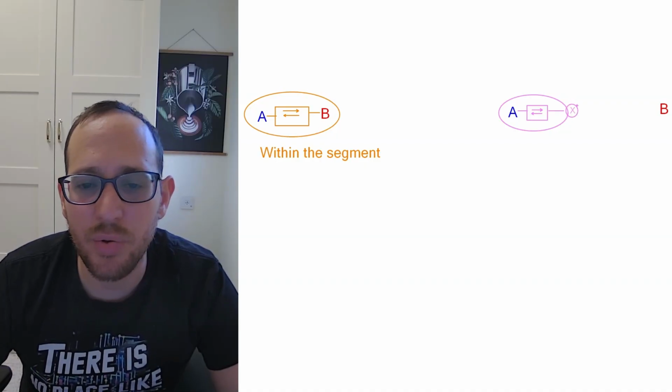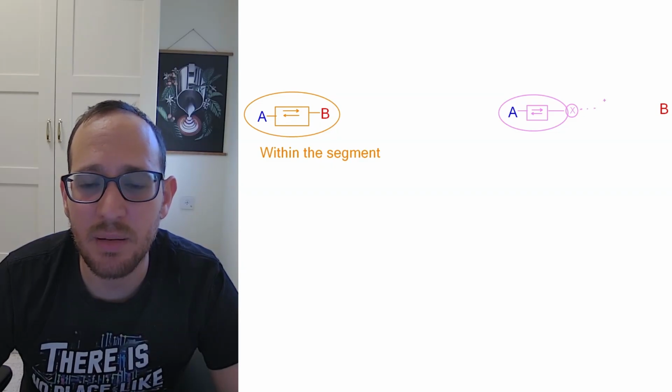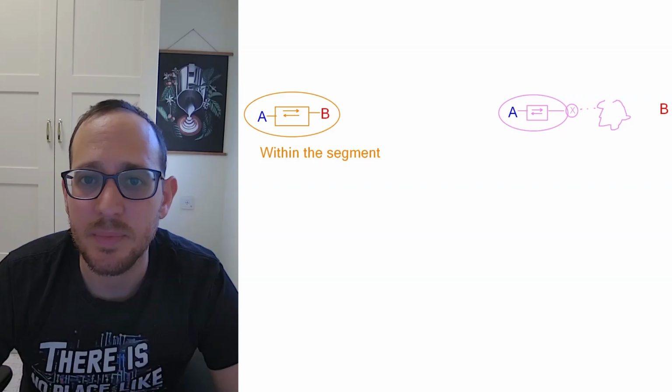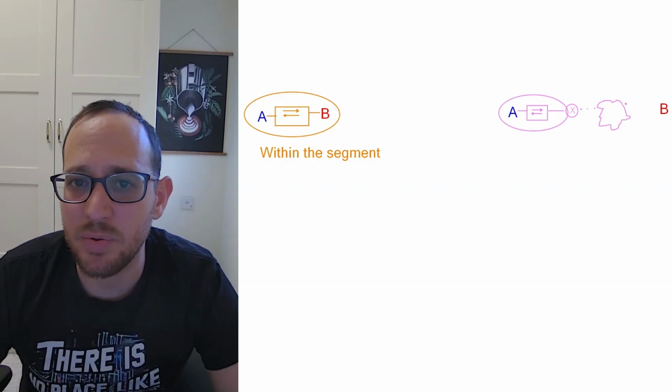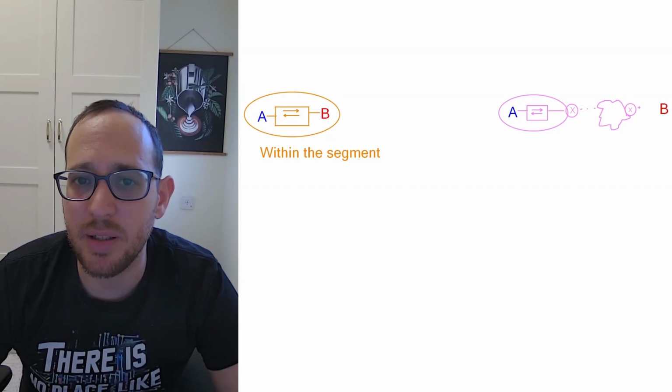And from that router, there might be, again, 40 different routers in between, or it might be direct, any number of routers here. And in the end, there is a router here that is linked directly to B.